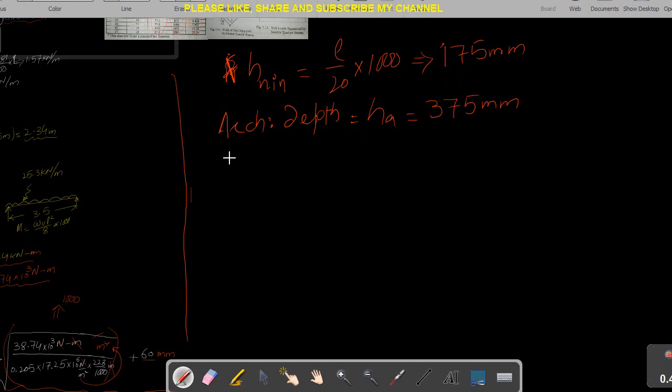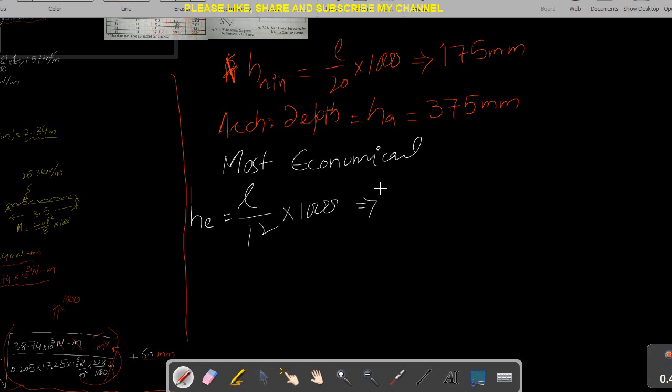And the most economical depth, that is H economical, which uses L by 12 times 1000. From this I got 292 mm. So from this I got 292, from this I got 175, so I ignore this one.